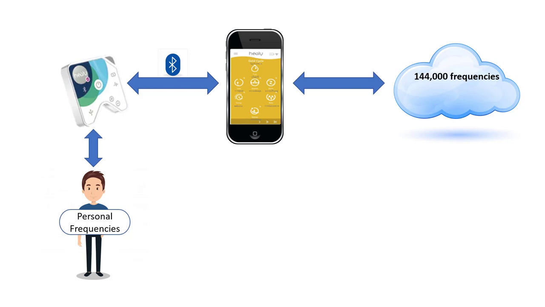Now, you may be running exactly the same program today and exactly the same program tomorrow and have different frequencies because the state that your body is in changes. It changes every single day, changes moment to moment. So what happens is that the Healy then runs those frequencies that you need at that moment in time. So it may run one frequency and then decide it doesn't need to run it anymore. You'll get exactly what you need.